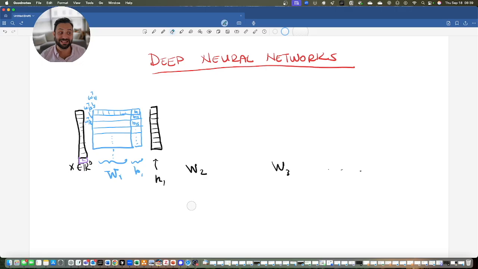I'm not getting something nonlinear out of linear. Therefore, I need to add something between layers, which is nonlinearity.